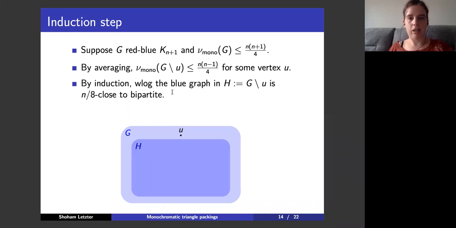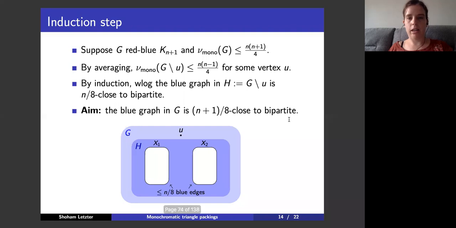And then by induction, I can assume that the blue edges in this new graph H form a graph that is close to being bipartite, that is n over 8 close to bipartite. This means that there is some bipartition of the vertices such that there are at most n over 8 blue edges in either part. And our aim is to show that the blue graph in G is close to bipartite.